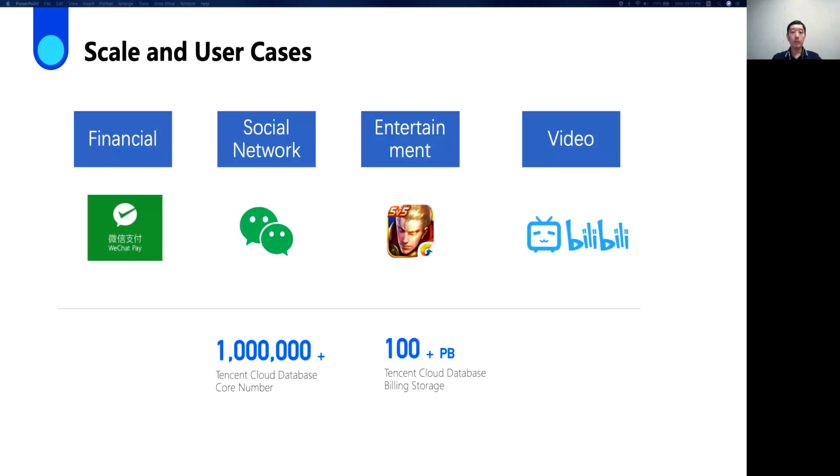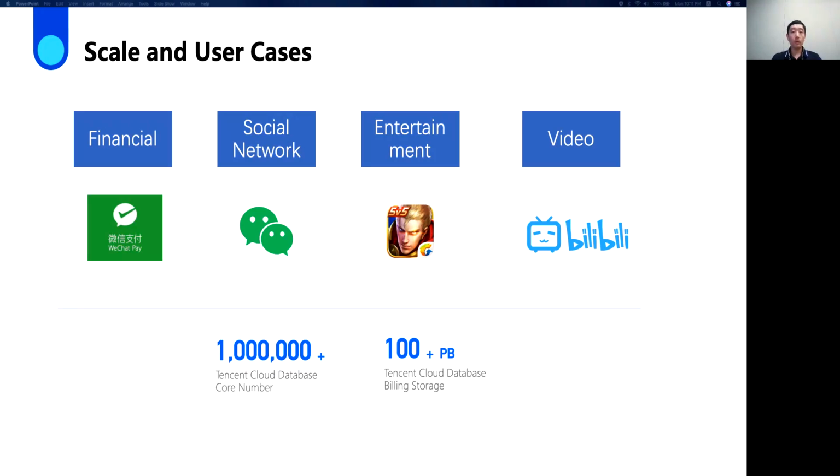Let's take a look at the scaling and the use cases for the TD-SQL products. TD-SQL products are widely used across different areas, covering e-commerce, finance, social network, entertainment, videos, and so on. Here, we only list the typical users for each individual area.